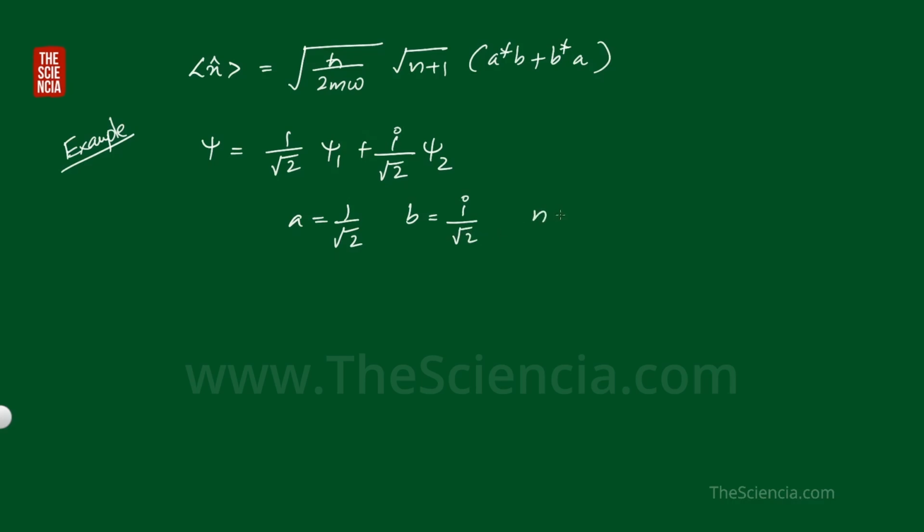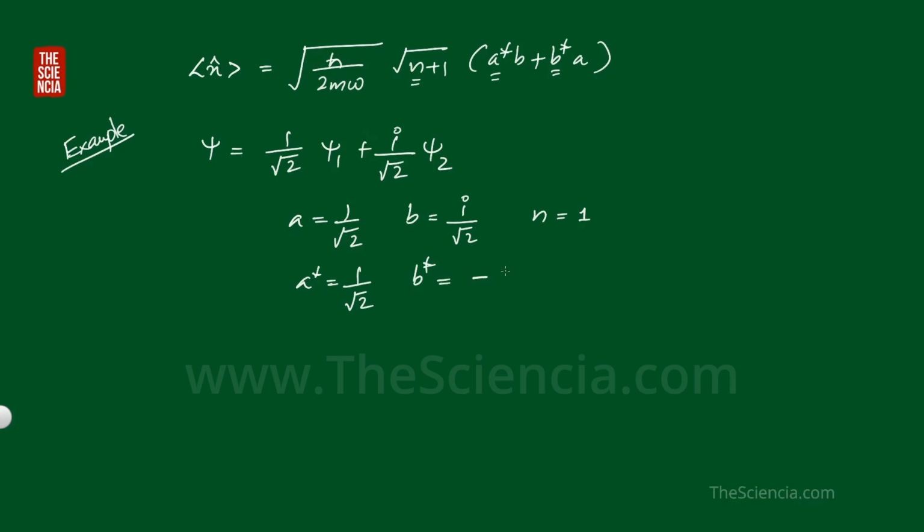And here we need an n value. The n value is the lowest state. Here n is 1 and 2 are there, so the lowest state is n equal to 1. And we want to find a star and b star, that is the conjugates of a and b. That is a star is equal to 1 by root 2 and b star is equal to, here there is, minus i by root 2.